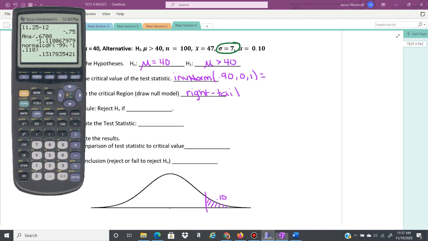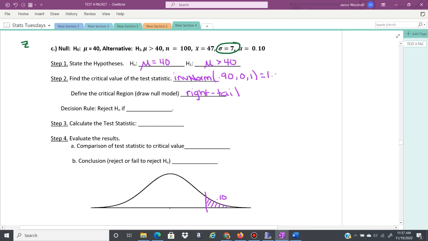So inverse norm of 0.90 is going to be 1.28. Okay, so my z value is 1.28. We will reject if we're in the rejection region, which is greater than 1.28. So we will reject if our z is greater than 1.28.